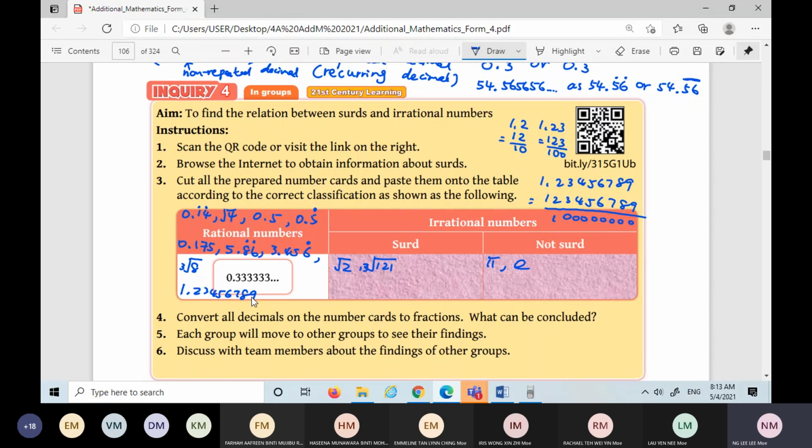Okay, so you all get all these notes already. You all try to write down by yourself.